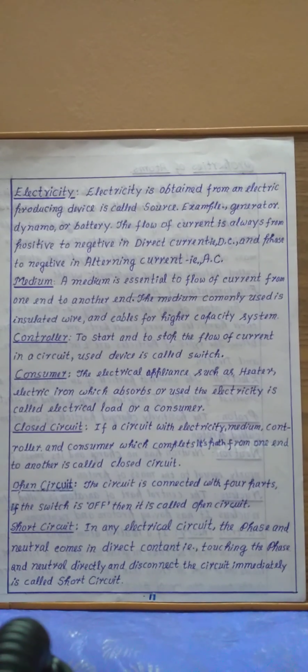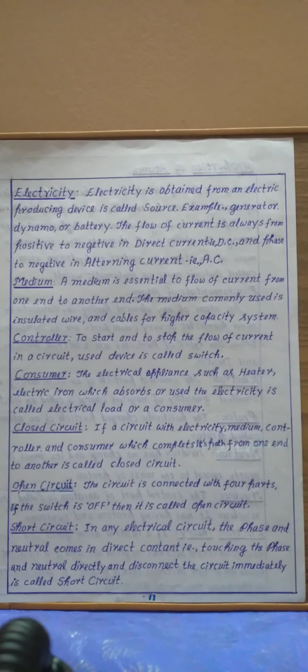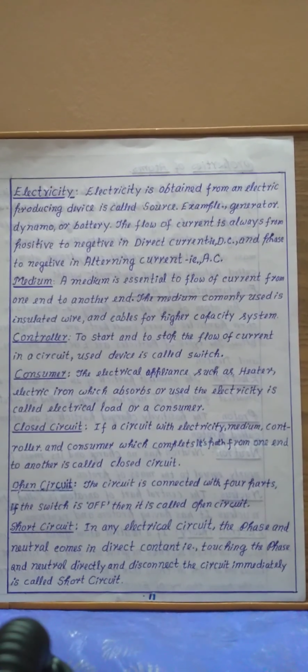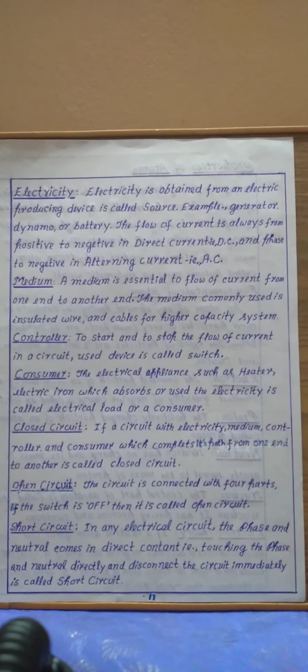So the next one is consumer. Electrical appliances such as a heater or electric iron, which absorb or use electricity, are called electrical load or consumer.